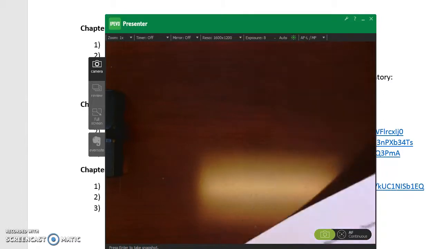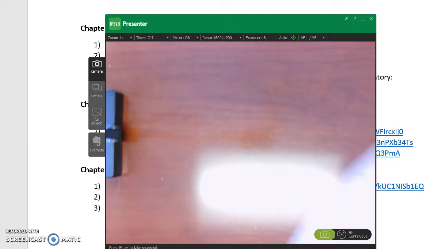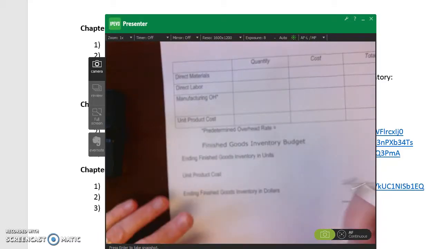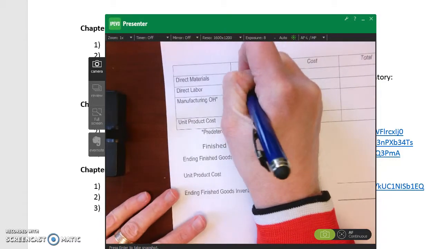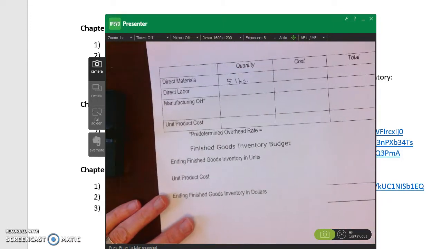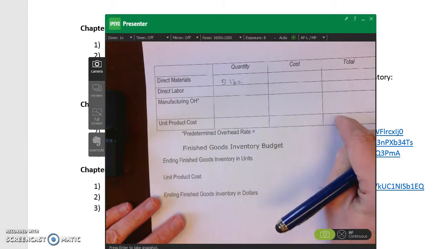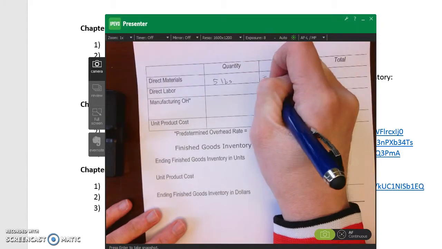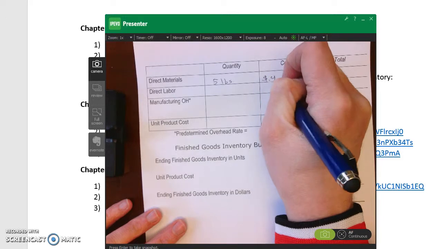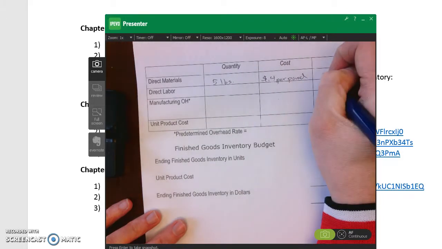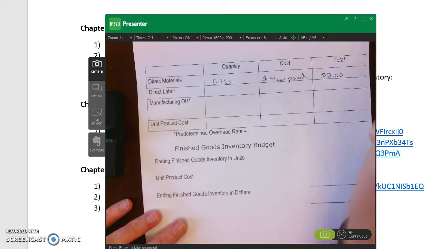So continuing on with our next page right over here, we can go ahead and calculate that. If you look back at our direct materials budget, you would see that each unit requires 5 pounds of material to make a single unit. So we're going to calculate out our unit cost. Our cost is 40 cents per pound, which means the total cost of materials per unit is $2.